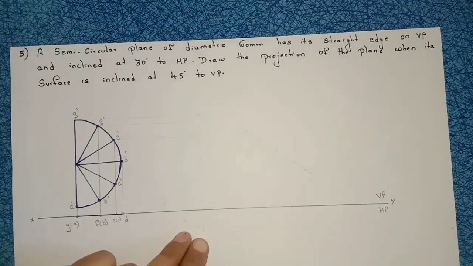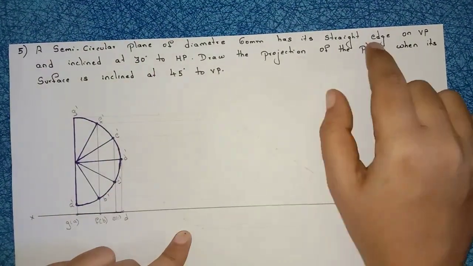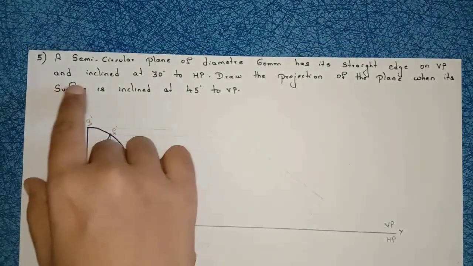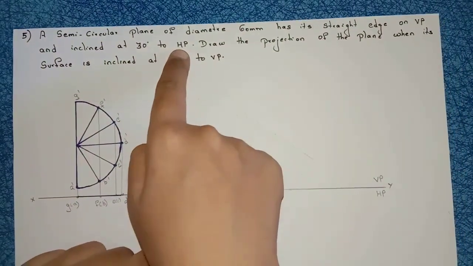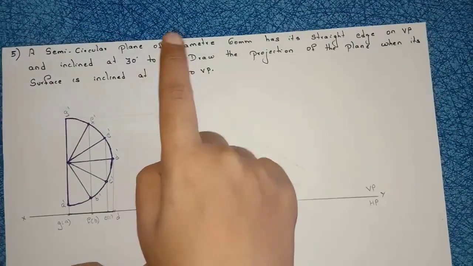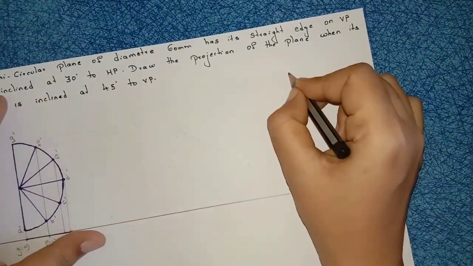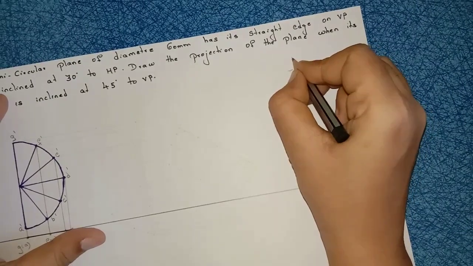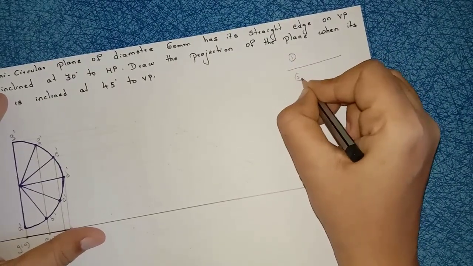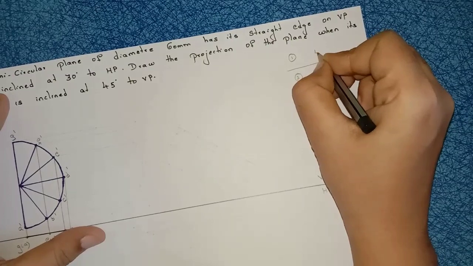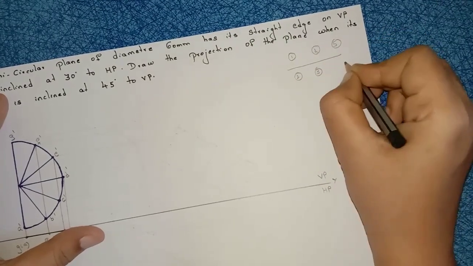Let us read the next part of the question: straight edge on VP inclined at 30 degrees to HP. Now see here, actually we have to follow this method. If you construct step 1 here, 2 will be here, then 3, 4, 5 and 6.